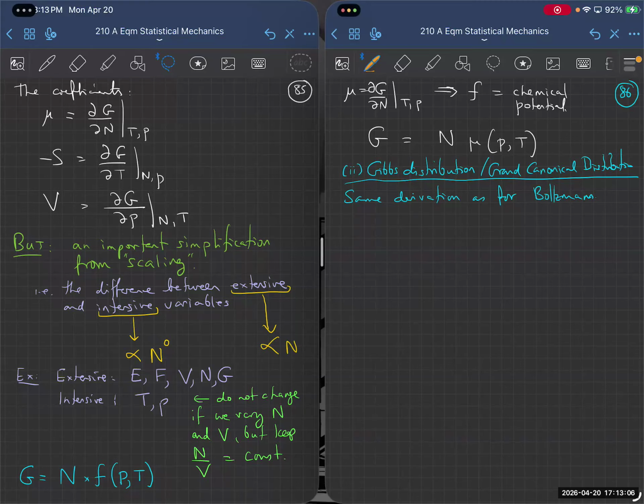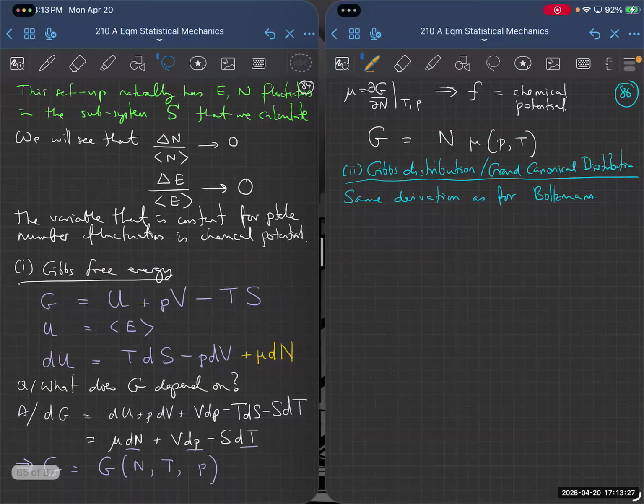Well, because we know that G is proportional to N. So therefore it has to equal N times a function that doesn't depend on N, so a function that just depends on P and T. But then I also derived from over here, look on the left, we looked at the derivative of G and we saw that the coefficient of dn in dG is mu.